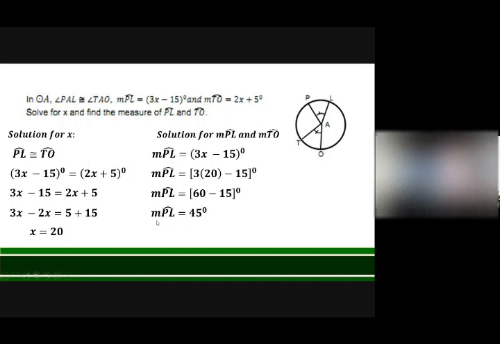And alam naman natin na yung arc PL natin ay congruent kay TO. So, kung si arc PL ay 45, automatically, si arc TO ay also 45. Kasi nga daw, si TO at PL ay equal. So, kung equal yung dalawa, ibig sabihin, both of them are equal to 45.